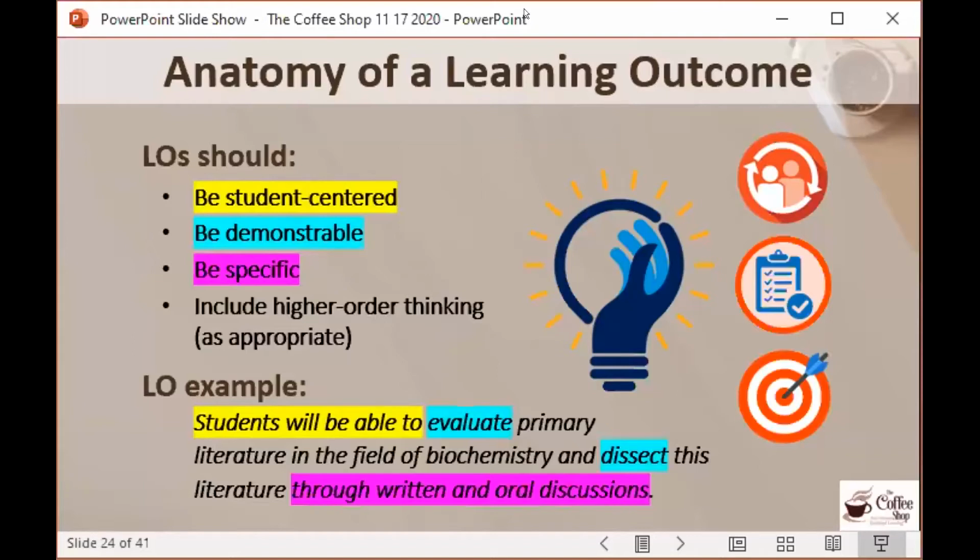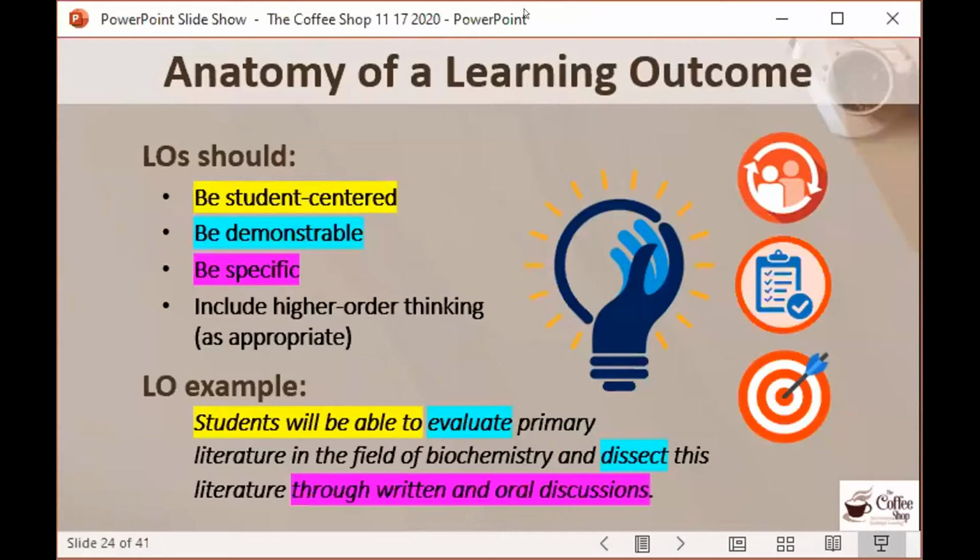What will students be doing and what will you be observing? So they're going to evaluate and they're going to dissect. Also, students should be able to read a learning outcome and know what they're supposed to do. So that's the specific part.